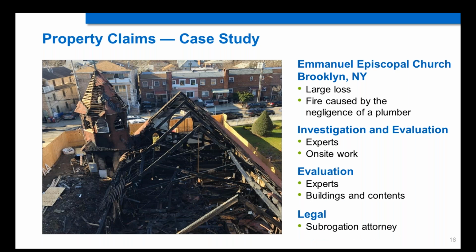Well, as Paul described, we sometimes need additional experts. We need evaluation experts to help us put together the value of the building. We also use experts to help us put together the value of the contents.